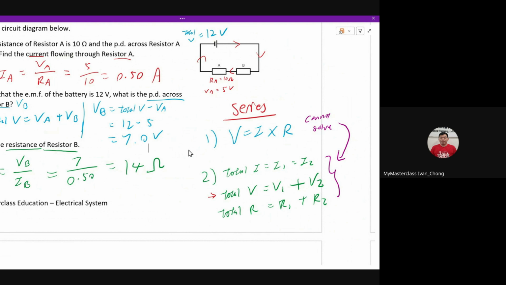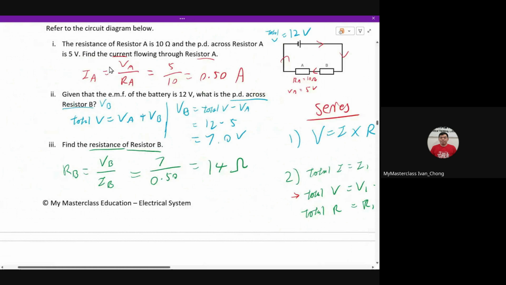Is this a current? Is this your voltage? Is it your potential difference? Am I finding resistance? You might end up using the wrong units. So to avoid any kind of mistake, we always label everything very clearly. IA, VA, RA. Total V, total I, total R. Always make sure it's same, same, same. Once it's different, that's it, you got it wrong already.